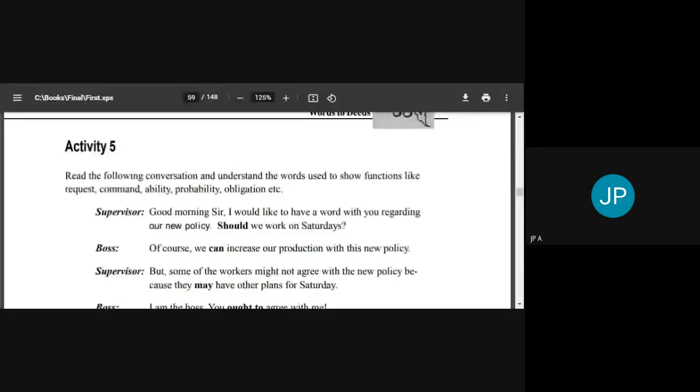So let us continue what we were discussing in the previous class. We were talking about the social function of language.